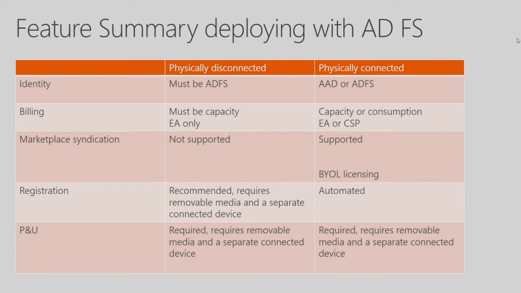But as long as I'm physically connected and I do have internet connectivity, I can deploy with Azure Active Directory or ADFS. How does this impact my billing? When I'm physically disconnected, I can't send pay-as-you-go data up into my Azure. So my only option is the capacity-based model. When I'm physically connected, I can use capacity or the consumption model.